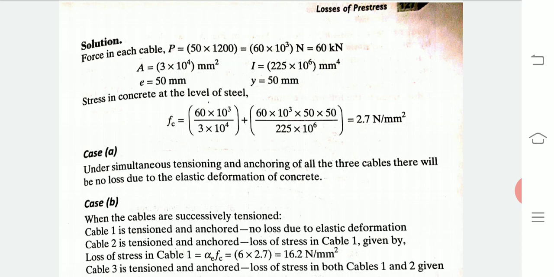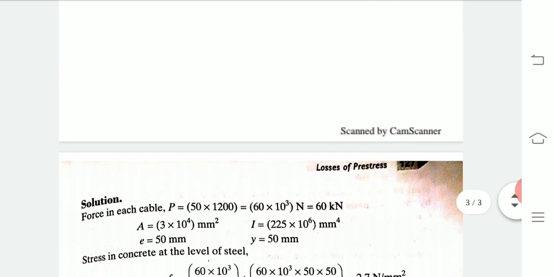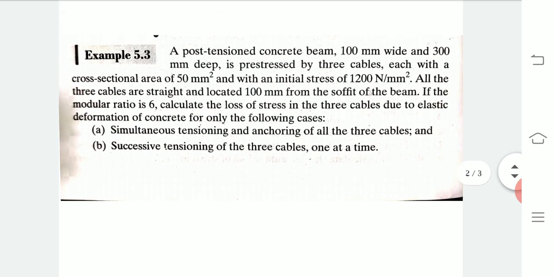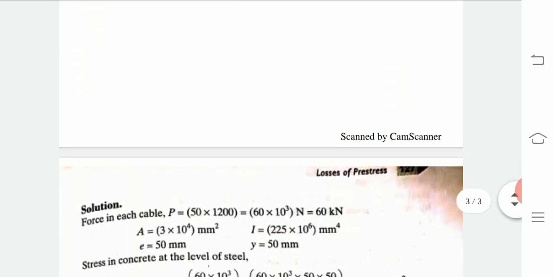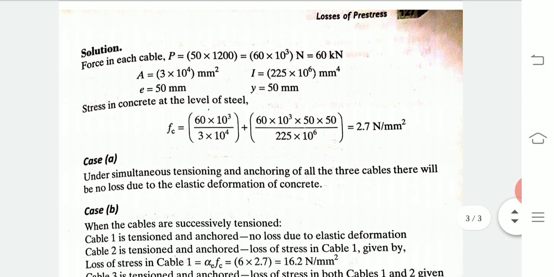The area of the section can be found easily, which comes out to be 3 into 10 raised to 4 mm square. I can be found using the formula BD cube by 12. Eccentricity comes out again to be 50 mm, because the depth of the beam is 300, the center of the beam is at 150, and the location of the wires is at 100 mm. Hence eccentricity is 150 minus 100, which is 50 mm.